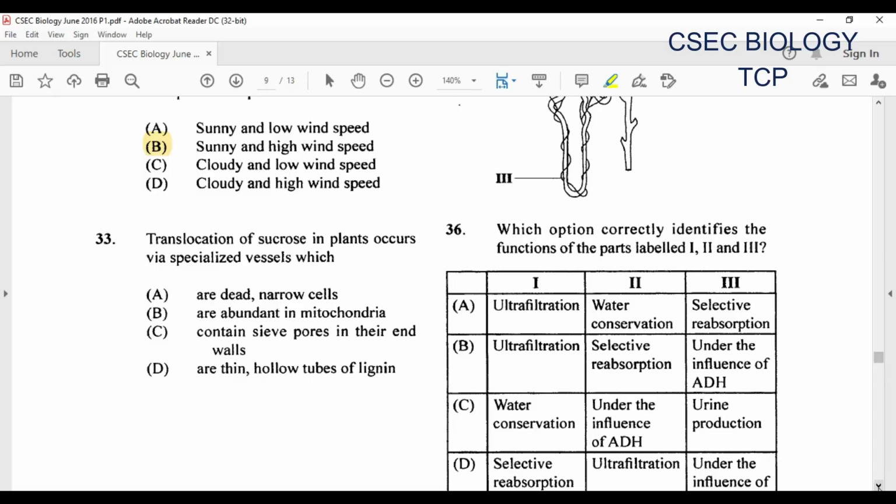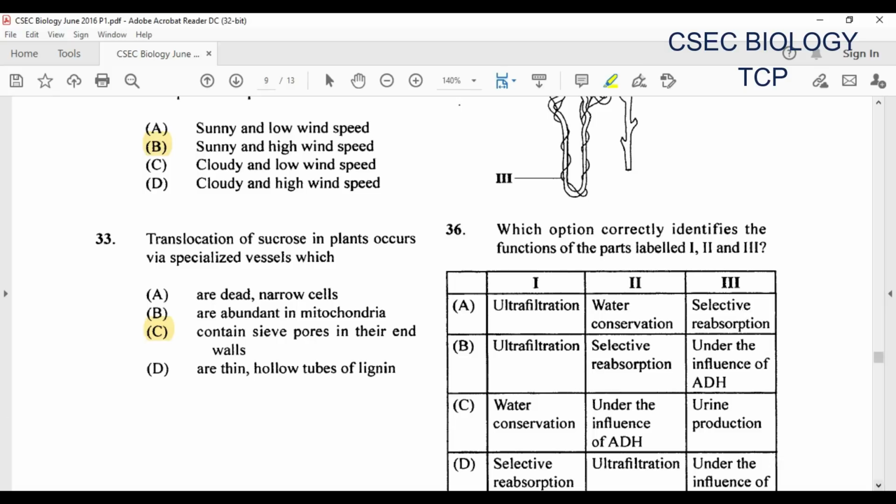B, are abundant in the mitochondria. Interesting. C, contain sieve pores in their end walls, and D, are thin hollow tubes of lignin. Here we're going to be going with C, contain sieve pores in their end wall. We're looking for the phloem here.